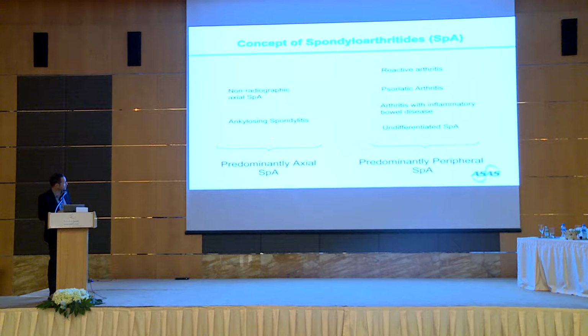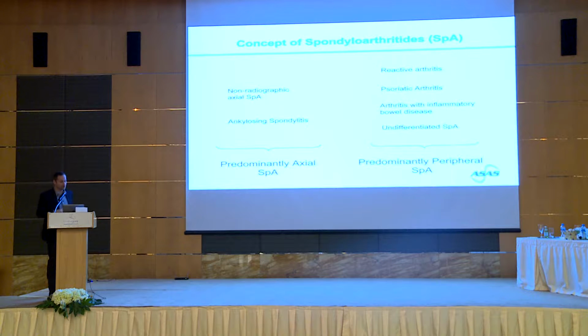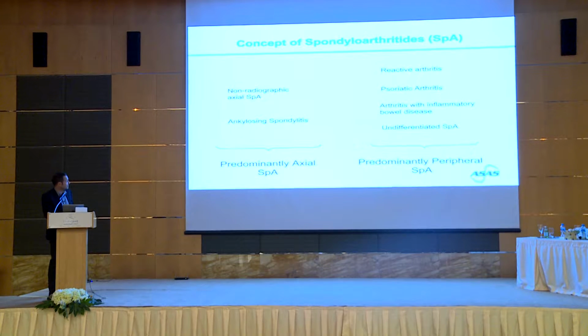We all know ankylosing spondylitis, but we also have the spondyloarthritis patients who have no radiographic changes, and this is the way we are thinking nowadays in rheumatology. We are talking about earlier stages, no X-ray changes but similar symptoms, later changes, the same symptoms but with X-ray changes. This is the concept.